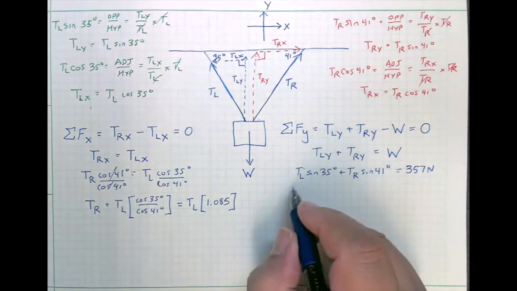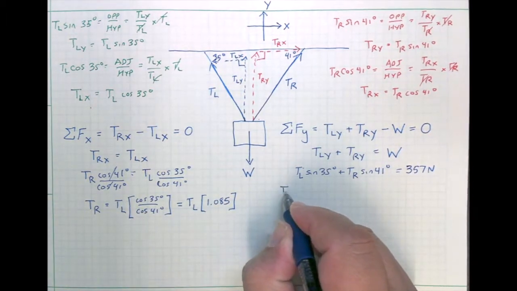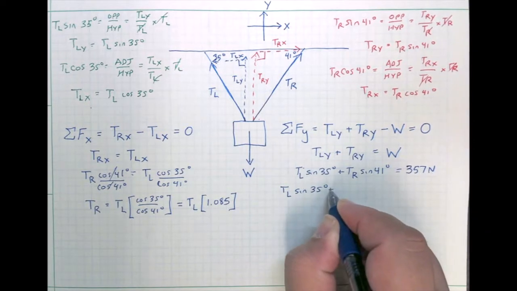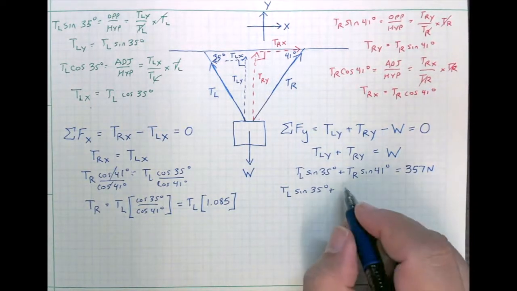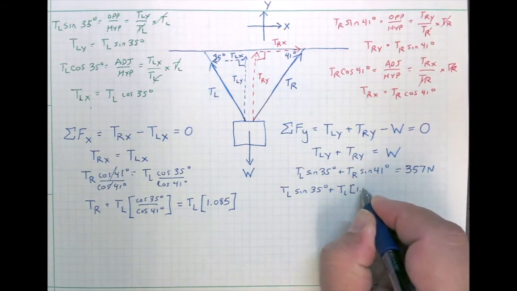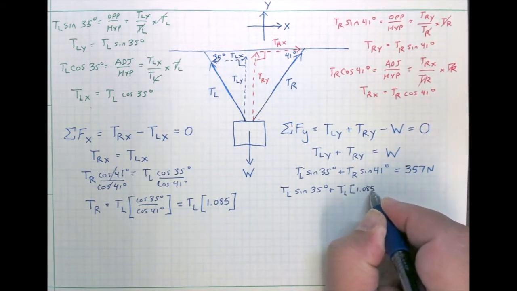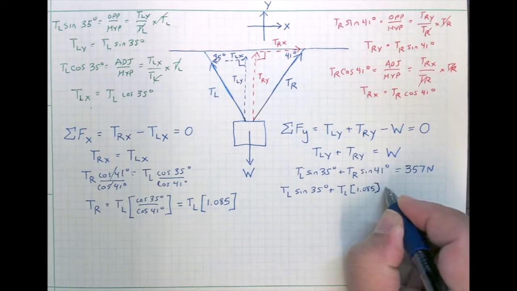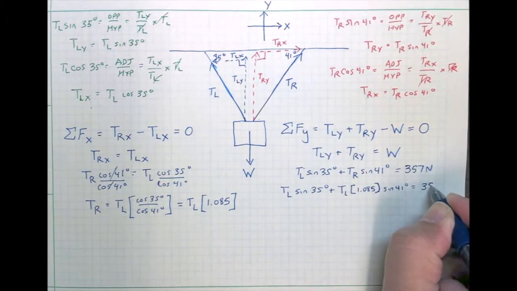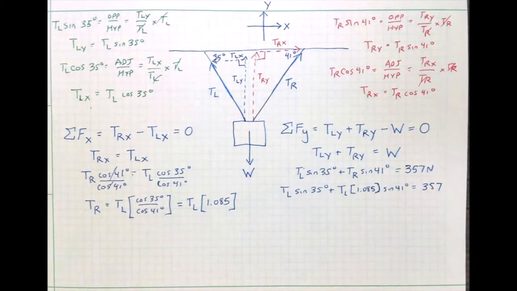So we take advantage of that. We say, all right, well, this side is TL sine 35 degrees, but this side is TL times 1.085 times the sine of 41 degrees equals 357.